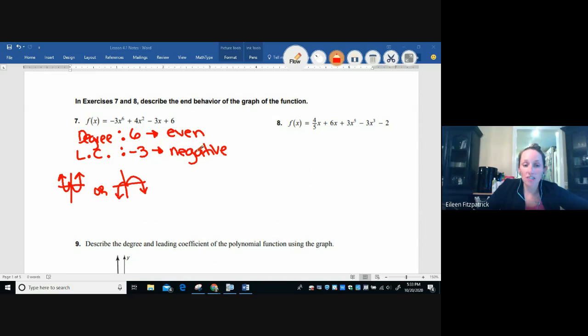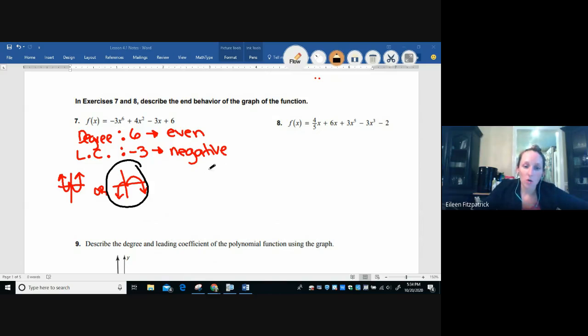If the lead coefficient's negative, think about your a value. When your function started with a negative value, what did that mean? It means that both ends are down, it's facing down, it reflects over the x-axis. Since I have a negative lead coefficient, my polynomial function is going to look like this.